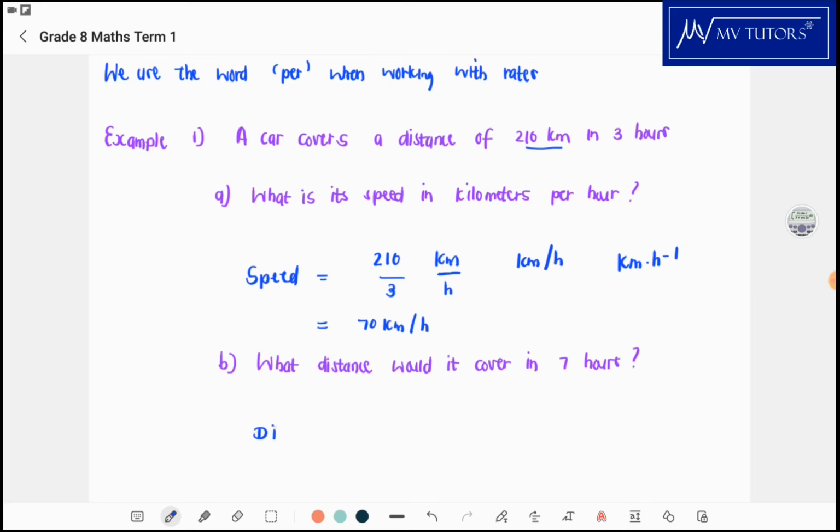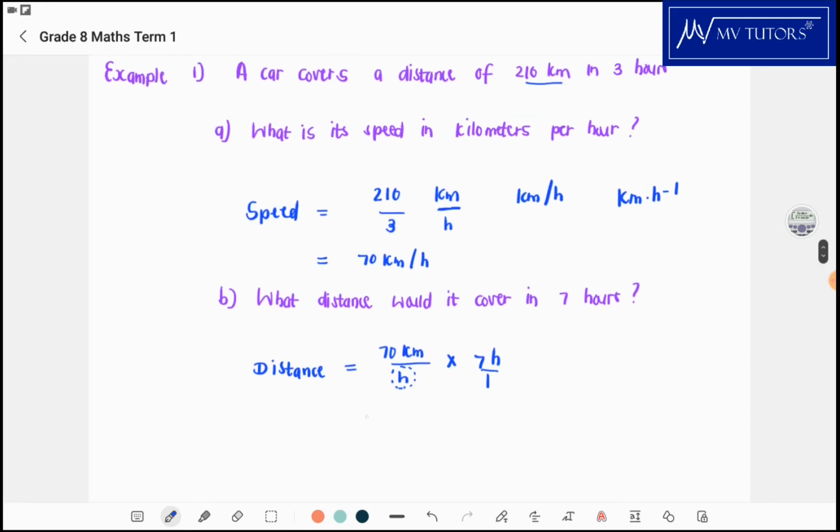Basically right now you have 70 kilometers per hour. Distance is measured in kilometers, so we need to get rid of this hour value. We're going to multiply it by 7 hours over 1. If we write it as a big fraction, we have 70 kilometers times 7 hours all over 1 hour.